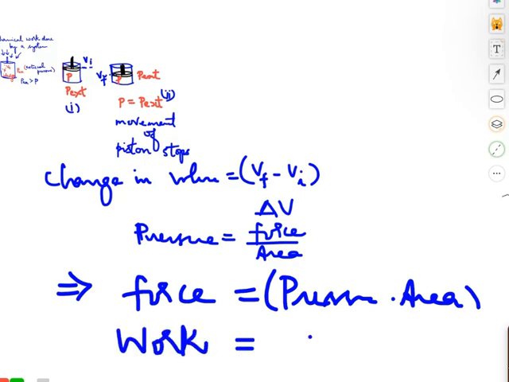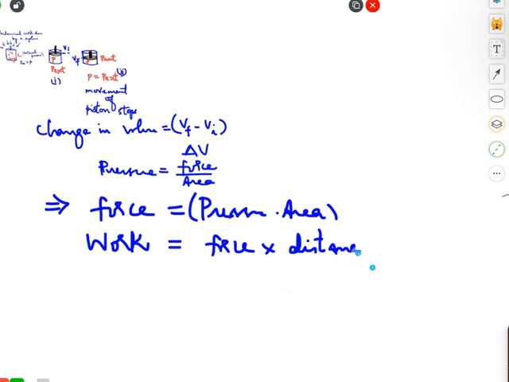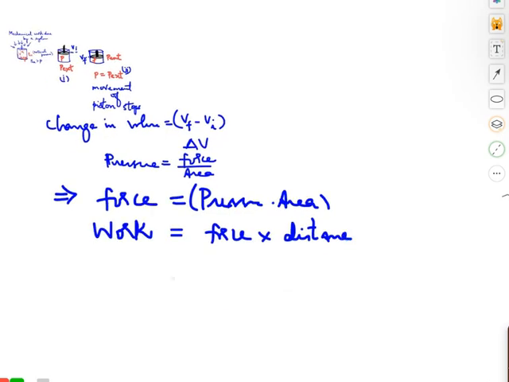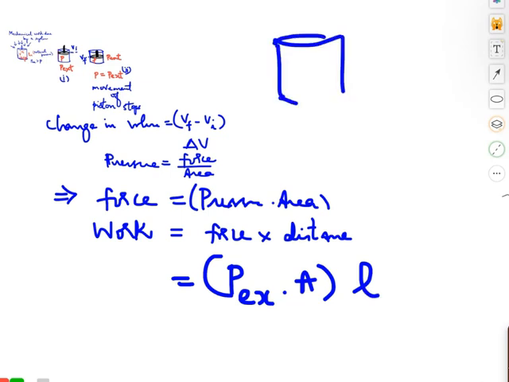What is the distance it moved? The piston moved from here to here.